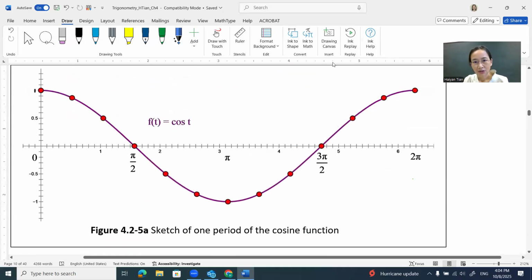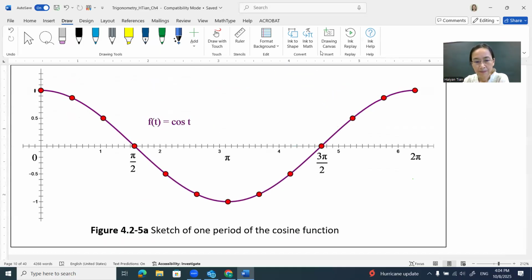Then we see from 0 to 2 pi, in the first range of this interval, from 0 to half of pi, we know cosine t is decreasing from 1 to 0.